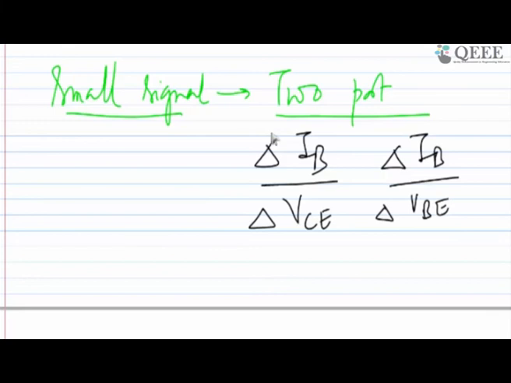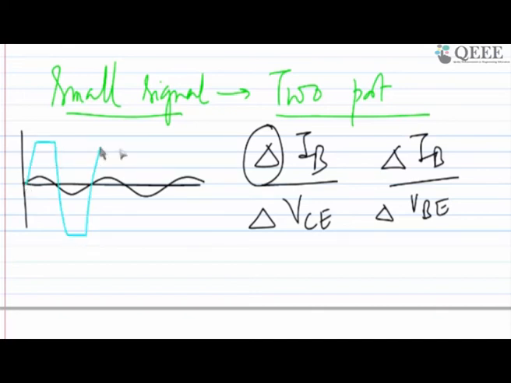This delta means there is a small change. I'm talking about a small change, and that small change is small enough so that it's not getting saturated at the output. This is what I want. If this blue color is my output and it is getting saturated, then it's not a small signal. If I am giving a small signal, it's small enough that the output looks like this one, right?